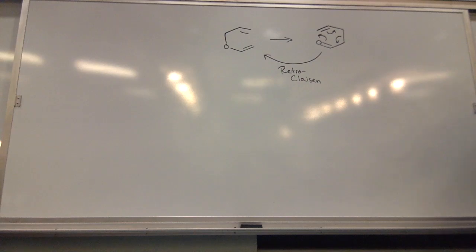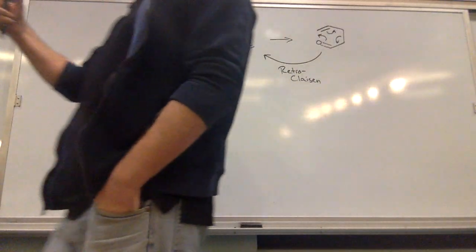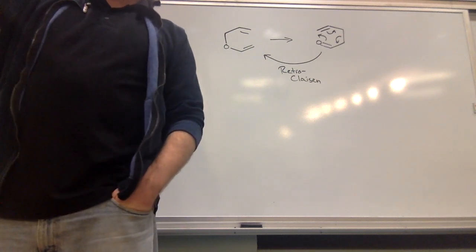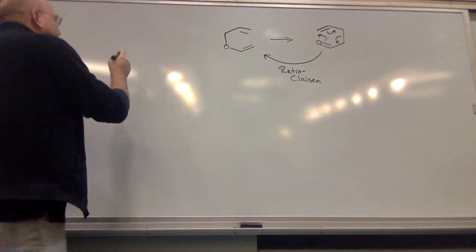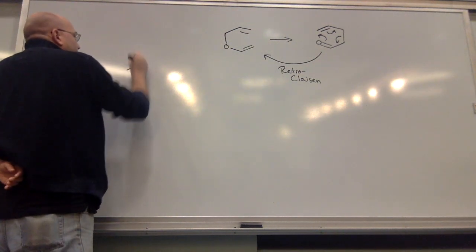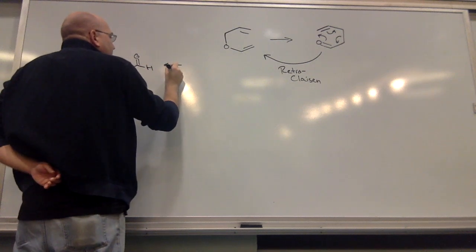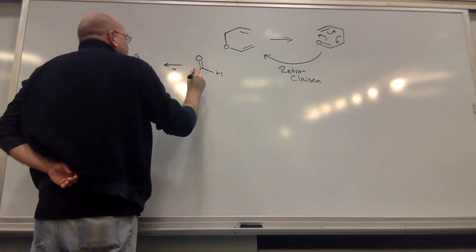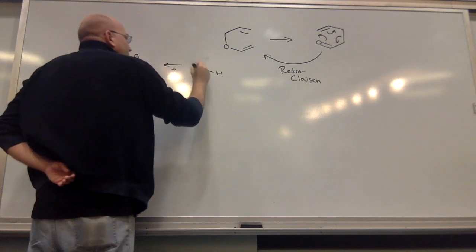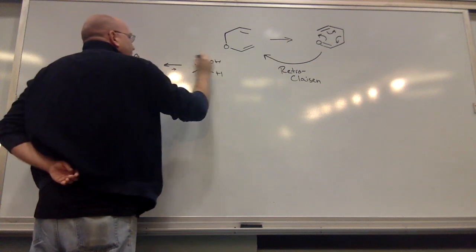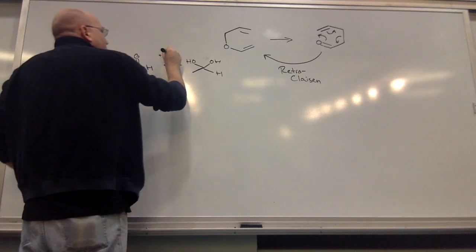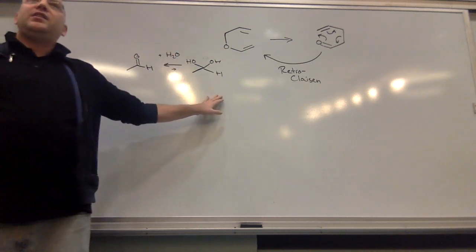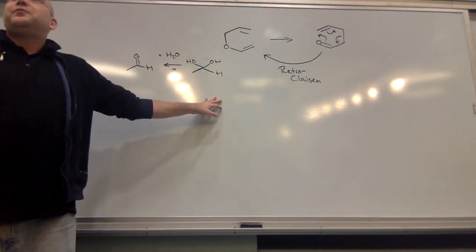If you guys recall, carbonyls are generally much more stable than enol ethers. That's one area we saw. We also saw it with hydrates. We saw that in general, if you have acetaldehyde plus water, this equilibrium of the hydrate, the hydrate is not stable, for all intents and purposes.